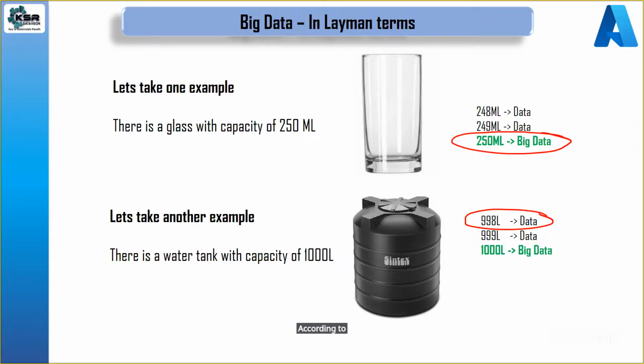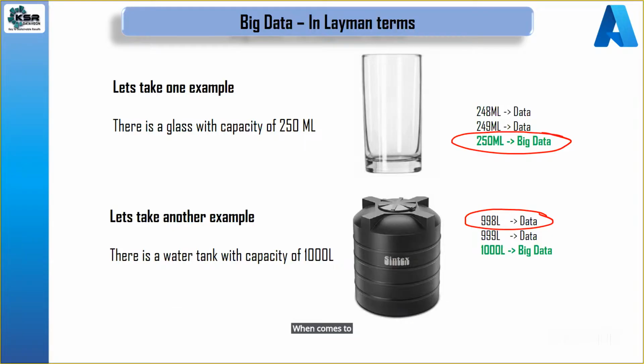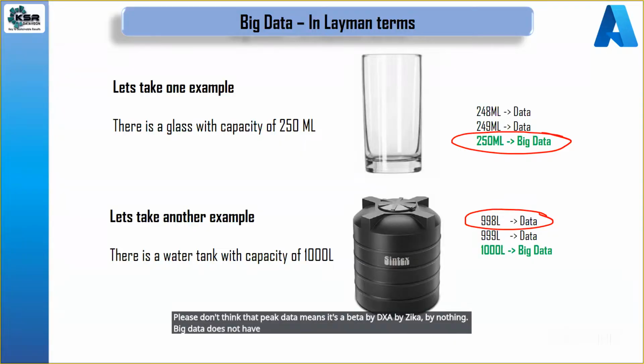According to its capacity. When it comes to a tumbler, 250 is big data. When it comes to a tank, 1000 is big data. Please don't think that big data means a petabyte, exabyte, or gigabyte. Big data does not have a number.